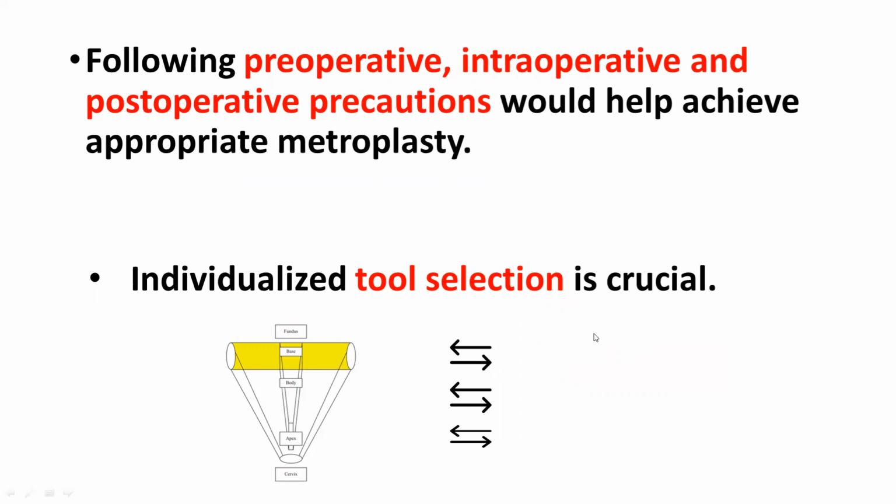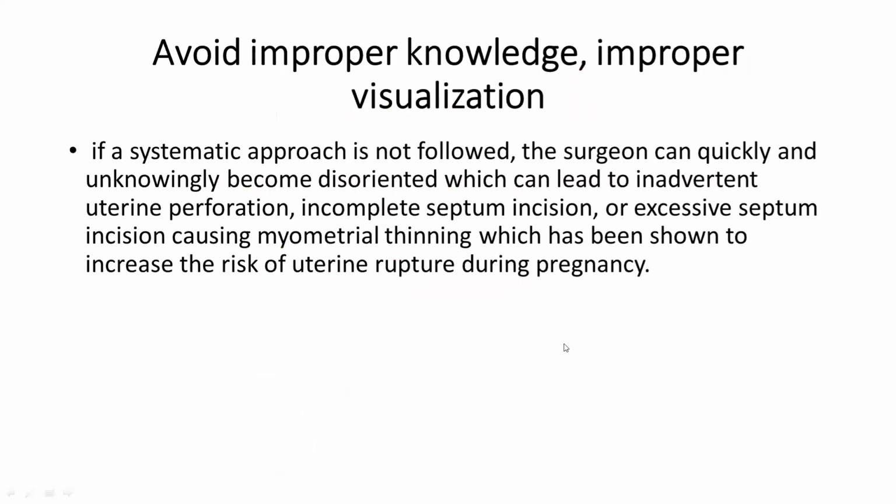By this way, individualize the tool and do not stick to one instrument. All cases by scissors, all cases by cystoscope, this is not good. You should change the instrument according to the situation of the patient. Nowadays, you don't have an excuse because of the availability of 2D and 3D ultrasound to detect the size and character of the septum.